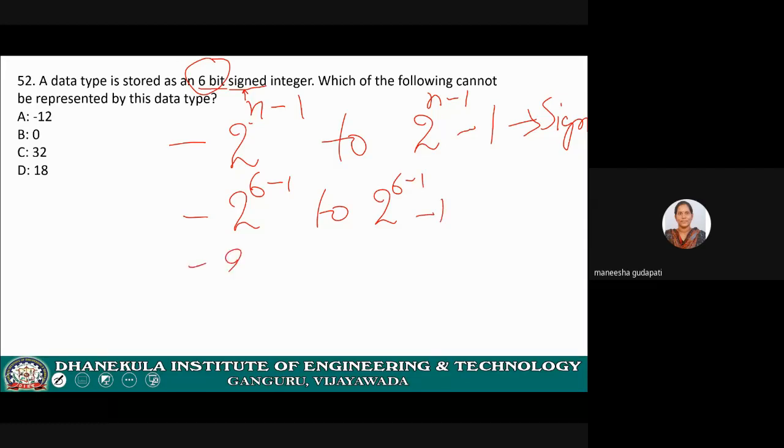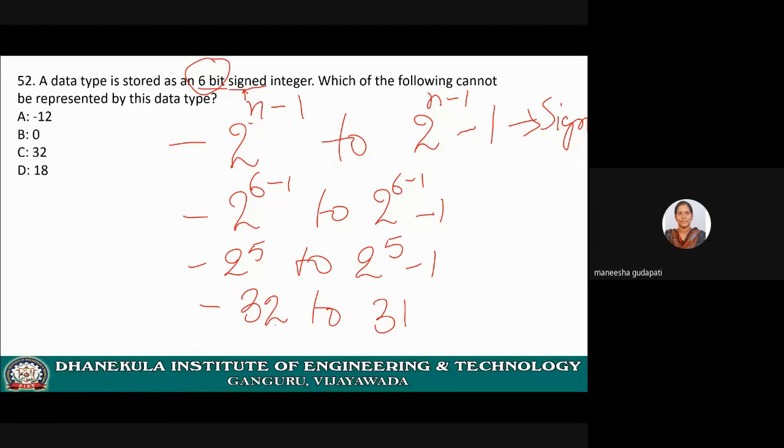That is minus 2 power 5 to 2 power 5 minus 1. What is 2 power 5? It means minus 32 to 32 minus 1, that is 31. So you can include all the values from minus 32 to 31. You can't store values out of this range.